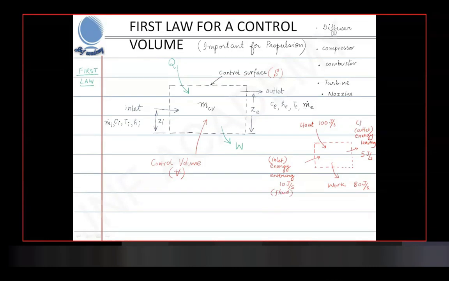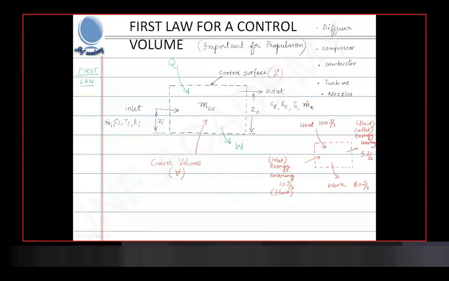So the fluid is also entering and leaving. It's not just heat and work. The fluid is also entering through the inlet pipe. It's leaving through the outlet pipe. So the fluid is carrying 10 joule per second of energy into the volume, and the heat that is entering the control volume is 100 joule per second. Whatever is leaving through the fluid is 5 joule per second, and the energy leaving by work out of the control surface is 80 joule per second.